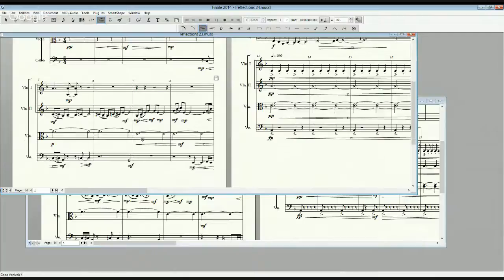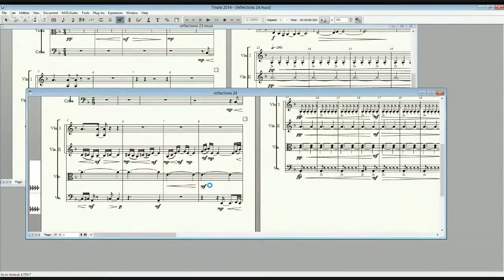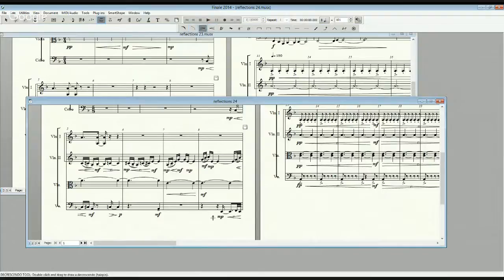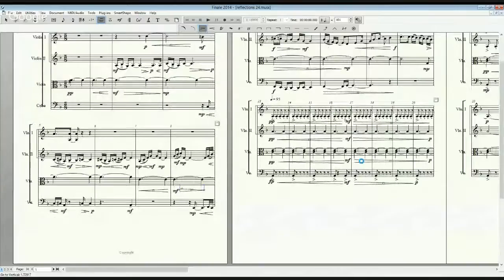It was crescendo, mezzo forte. Oops. Decrescendo to, that's where the mezzo piano is.